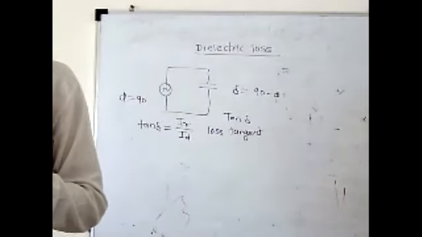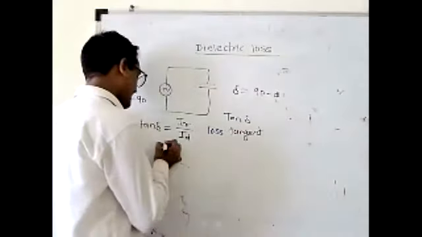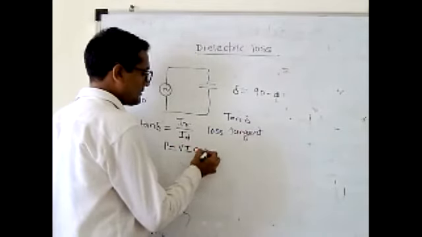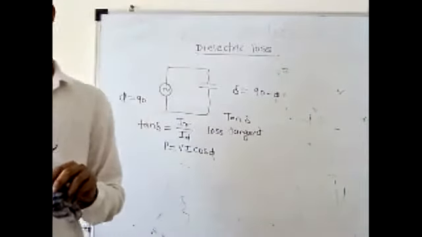Then the dielectric loss is given by P equals V into I into cos phi. This is the dielectric loss.